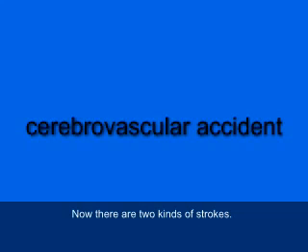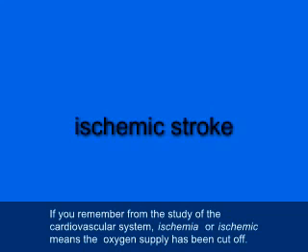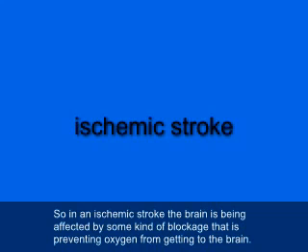Now, there are two kinds of strokes. First of all, there's the ischemic stroke, I-S-C-H-E-M-I-C, and stroke. And if you remember from the study of the cardiovascular system, ischemia or ischemic means that an oxygen supply has been cut off. In an ischemic stroke, the brain is being affected by some type of blockage that is preventing oxygen from getting to the brain.